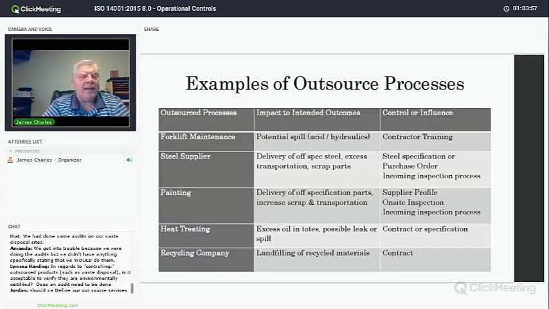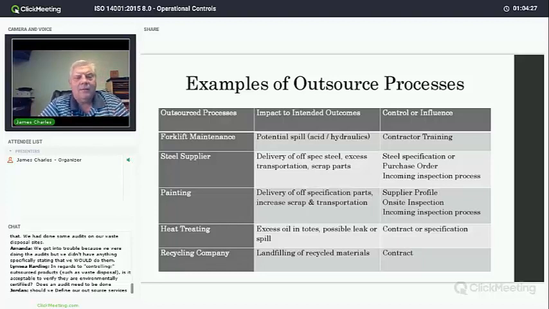Well, that's an easy one to answer, because we've implemented a contractor training or communication process. So there's the outsourced process. Our customers view that we are maintaining our forklifts, that service is envisioned as being done by us. It impacts our ability to achieve our intended outcome, and here's our level of control.